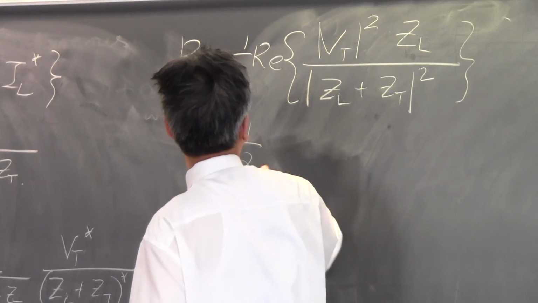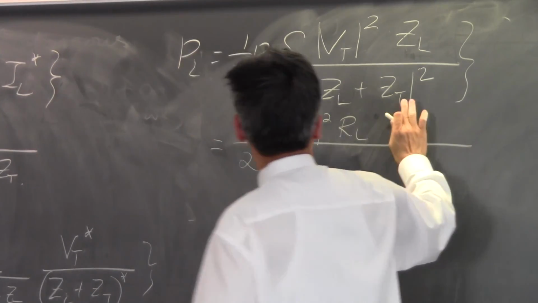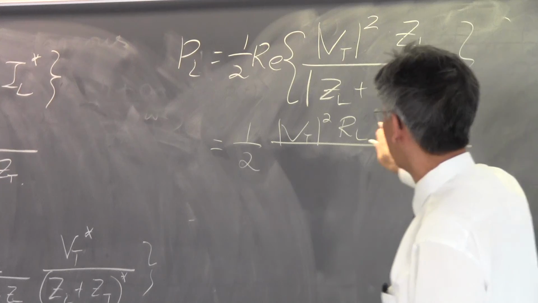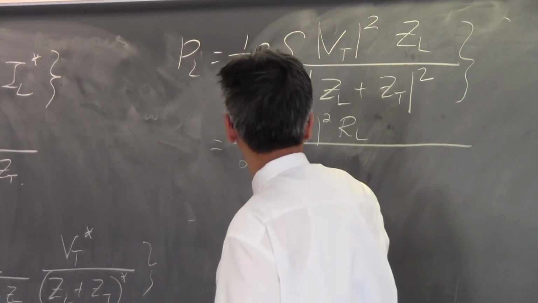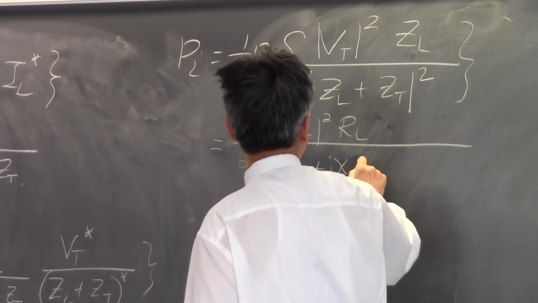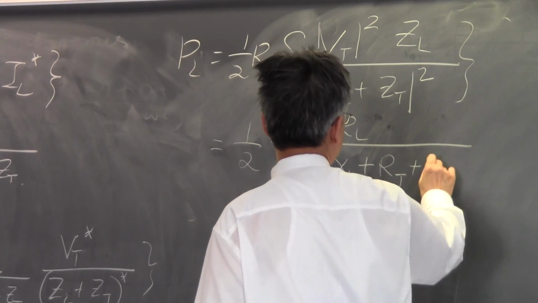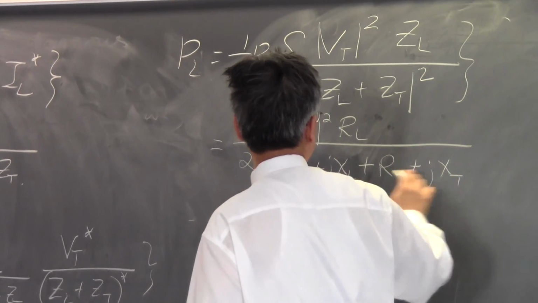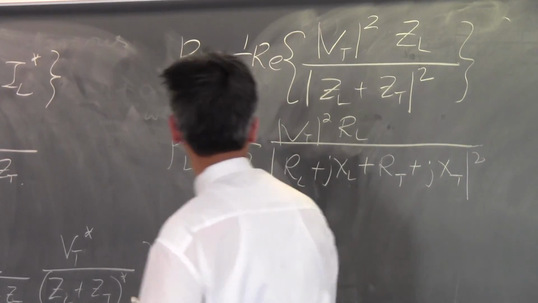So this is half VT squared RL over this thing. And let me write out this in gory detail so that you can see what the answer should be. RL plus jXL plus RT plus jXT magnitude squared. Okay, so this is the power delivered to the load.